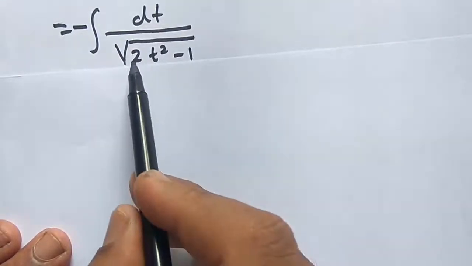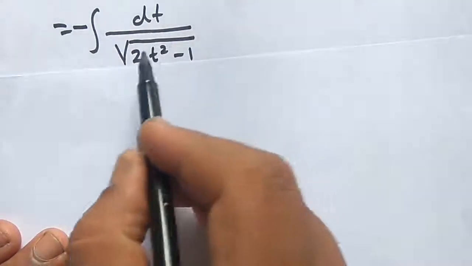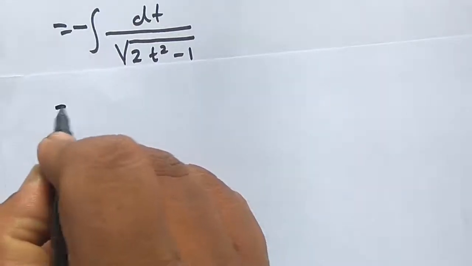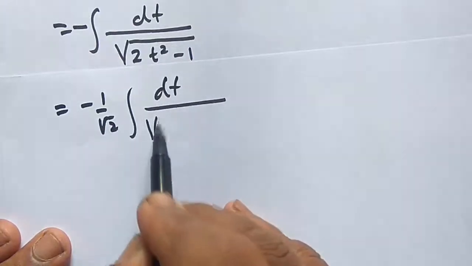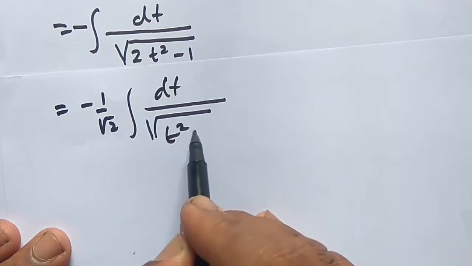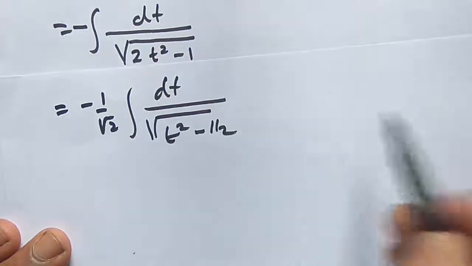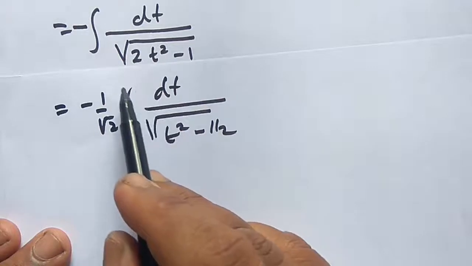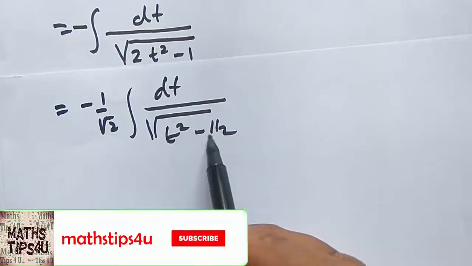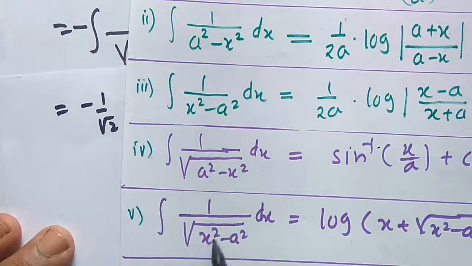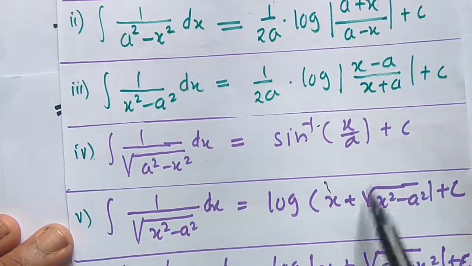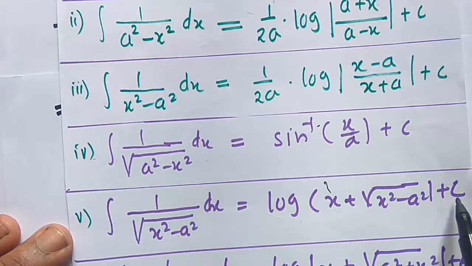Taking 2 common out of the radical sign, it is equal to minus 1 upon root 2 integration of dt upon under root of t square minus 1 half. Now we know the formula: the integration of 1 upon under root of x square minus a square dx is log of x plus under root of x square minus a square plus c.